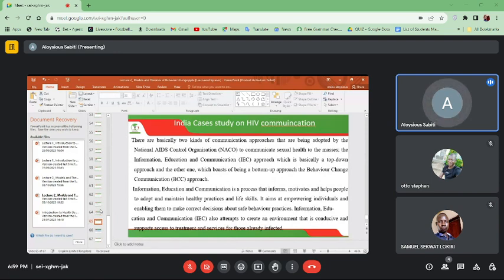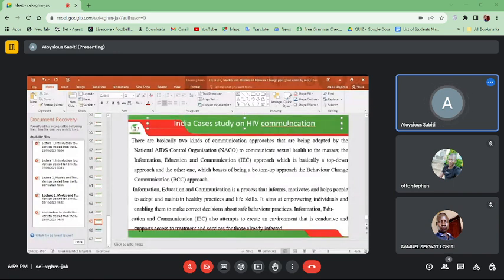So if we look at the case study on HIV communication for India, you realize that there are basically two kinds of communication approaches that were adopted by the National AIDS Control Division in India.